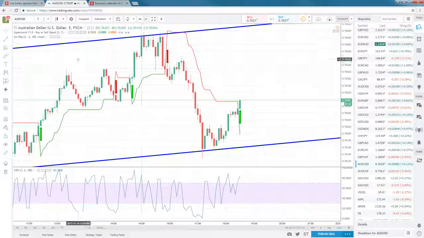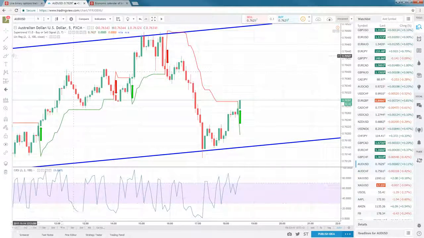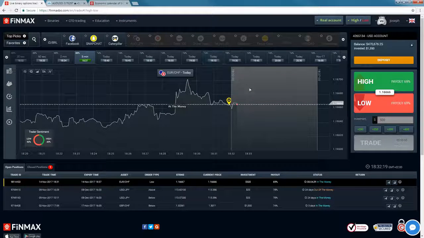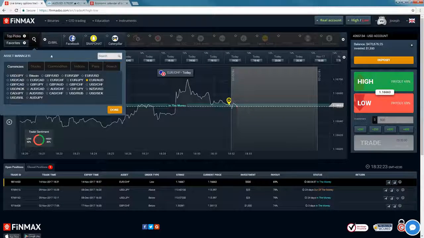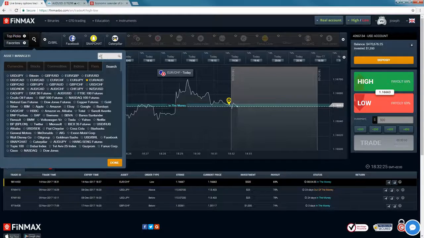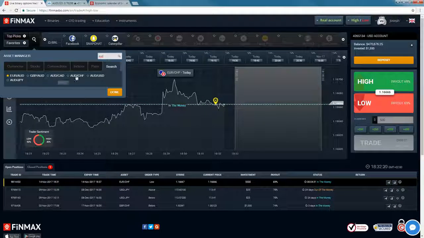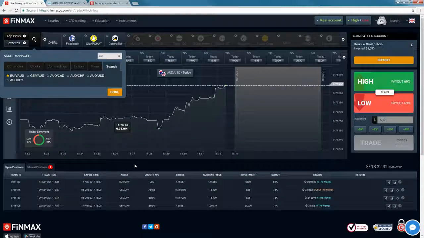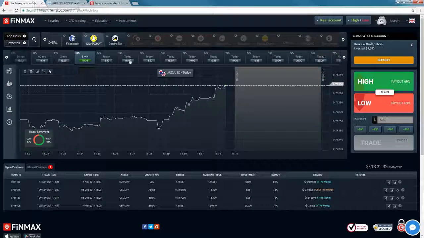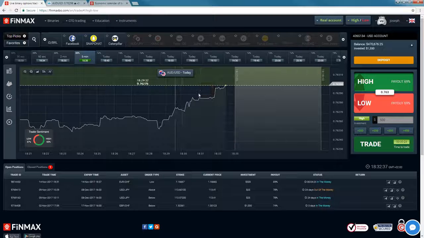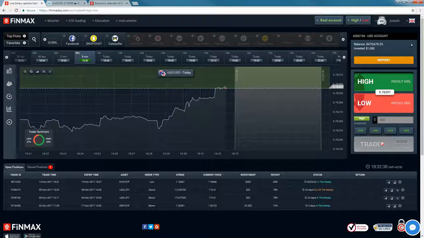So here the platform tells us to enter the trade on Australian dollar and USD. Australian dollar USD. Let's see. Let's trade high for 5 minutes.